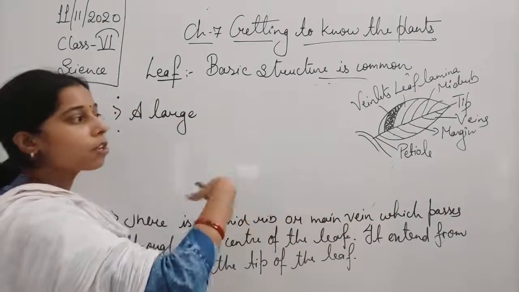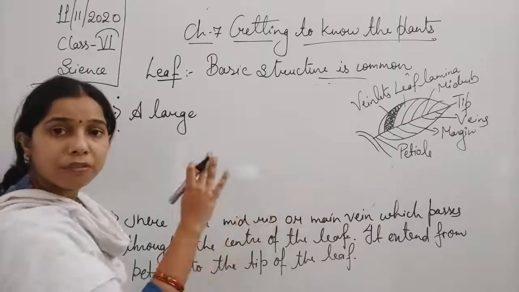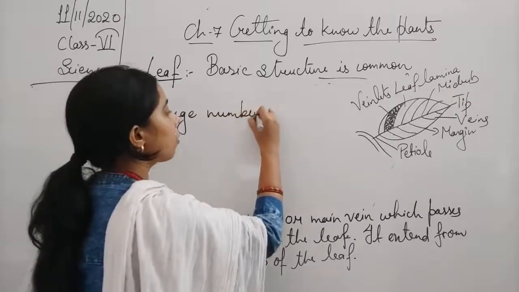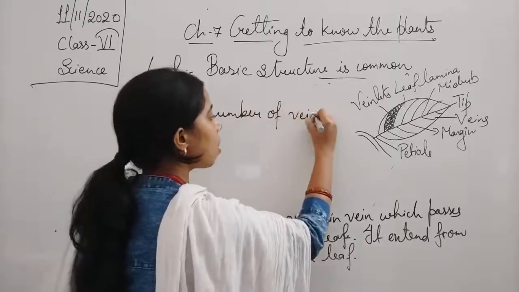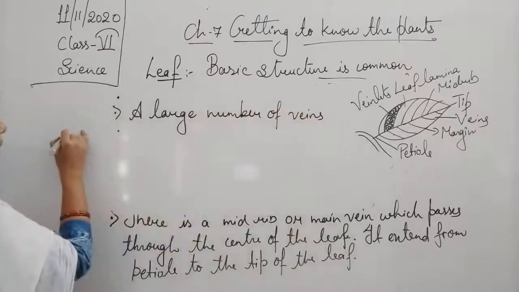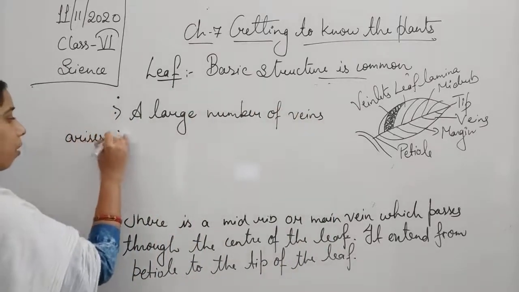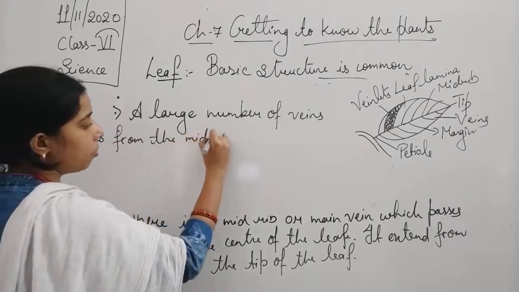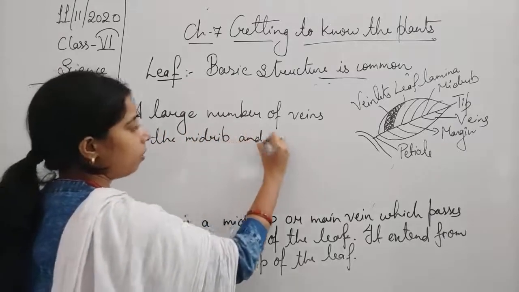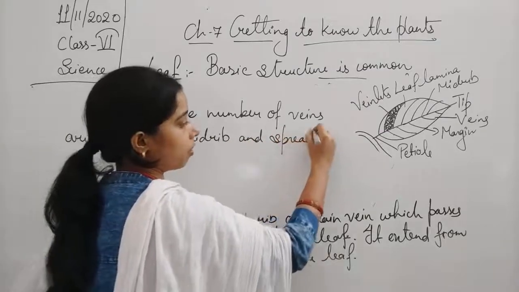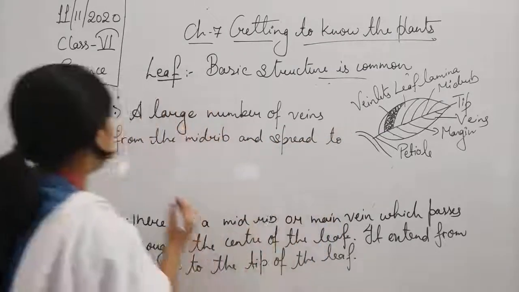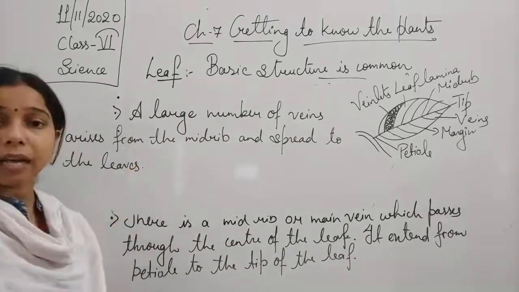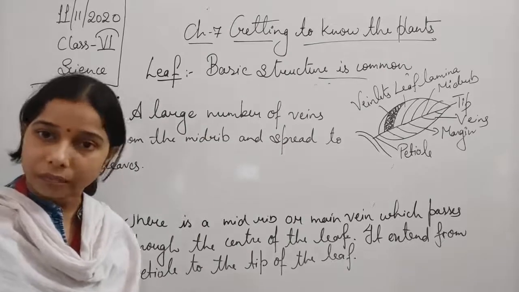I have drawn this much, which means a lot of veins come out of it. So it arises from the midrib and gets spread overall to the leaves, students.